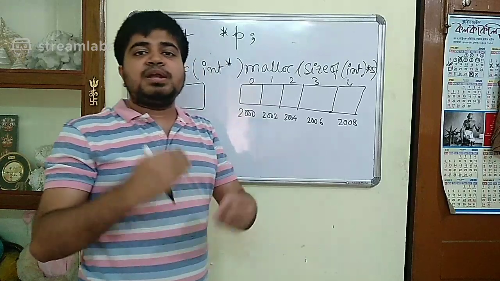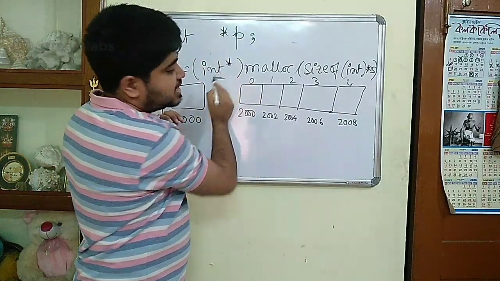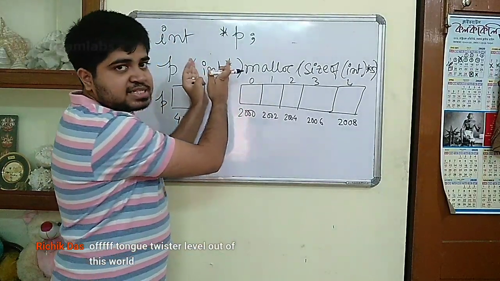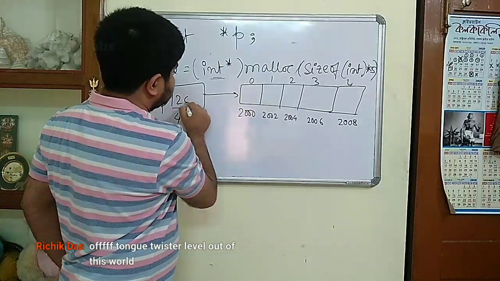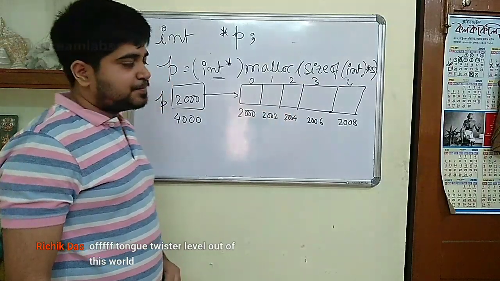In order to properly use this, we have to typecast it. So this int star is very much required to convert this 2000 address into an integer address and then store it in P. After this 2000 gets stored over here, we have something like this, right?